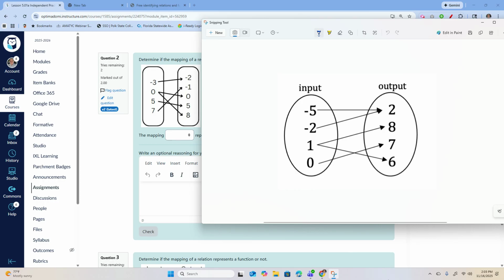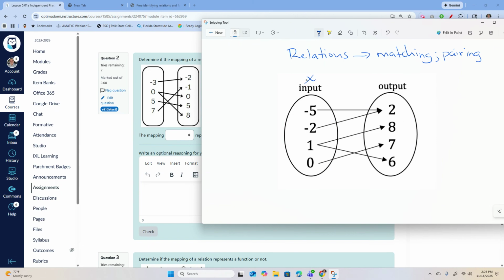Here it is. Remember that we are working with relations, and relations are matchings, are pairings. Basically I'm going to pair or match a value from the input group with a value of the output group.